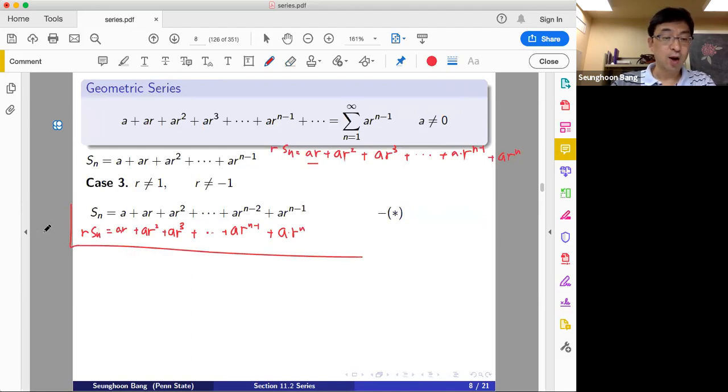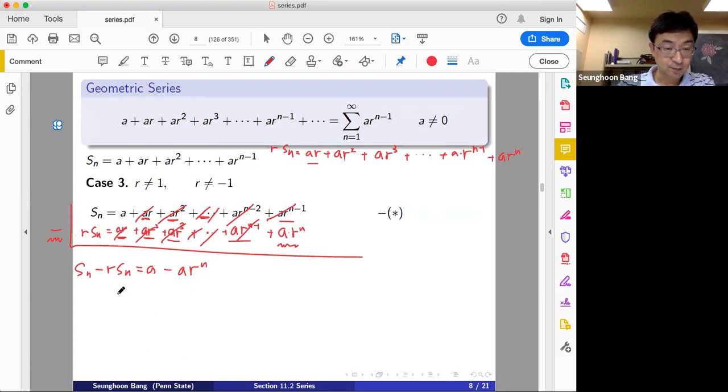Next, subtract. Sn minus r times Sn: a you have to keep. Then ar minus ar cancelled, ar squared minus ar squared cancelled, ar cubed minus ar cubed cancelled. Keep going, this one minus this one cancelled, and the previous one also cancelled. All things cancelled. So the remaining things are negative a r to the n.